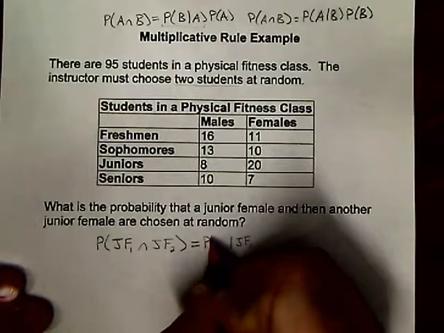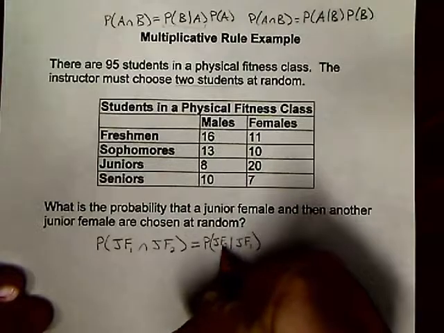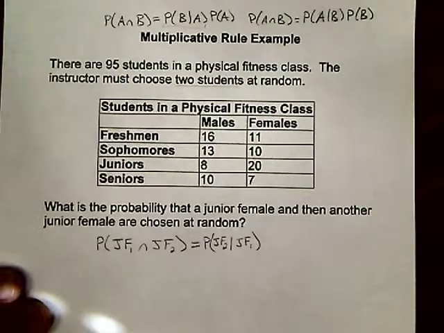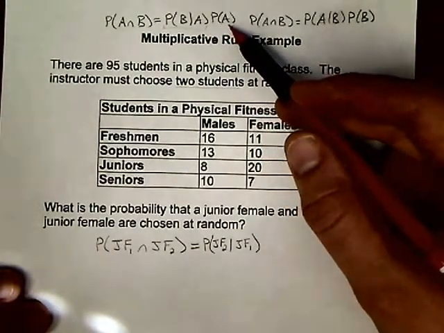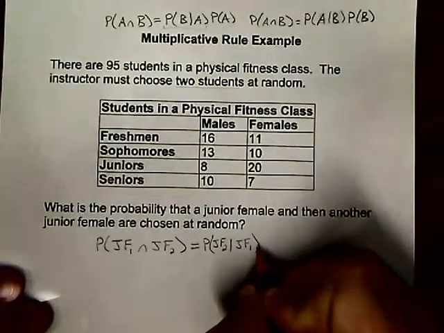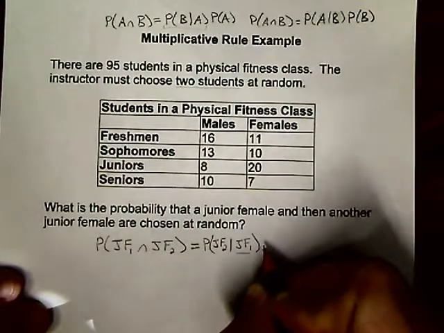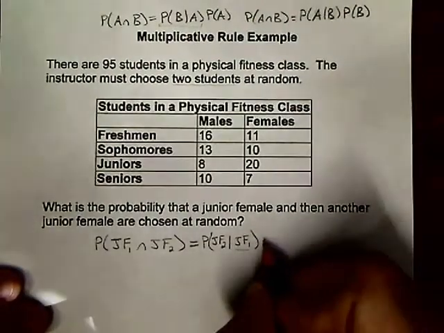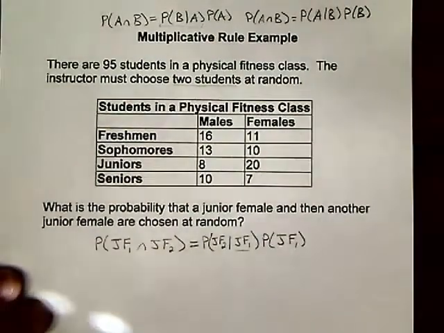And so the conditional probability is the probability of a junior female on the second draw given that a junior female was drawn first. Okay, and then the rule says you multiply that conditional probability times the probability of the event that you conditioned on. So I conditioned on the event that the instructor drew a junior female student first, and so that's the probability that I have here on the right hand side.